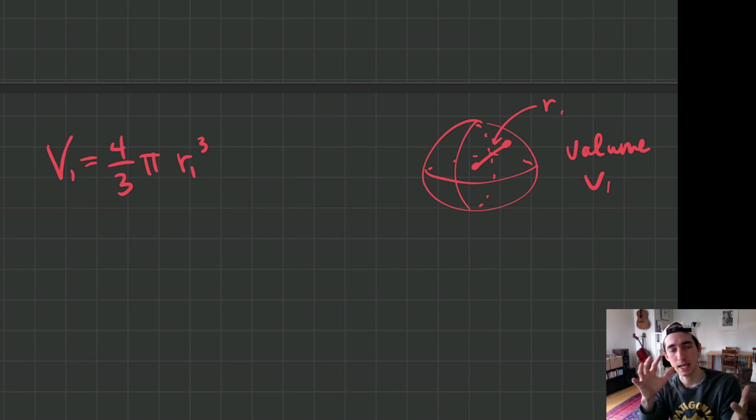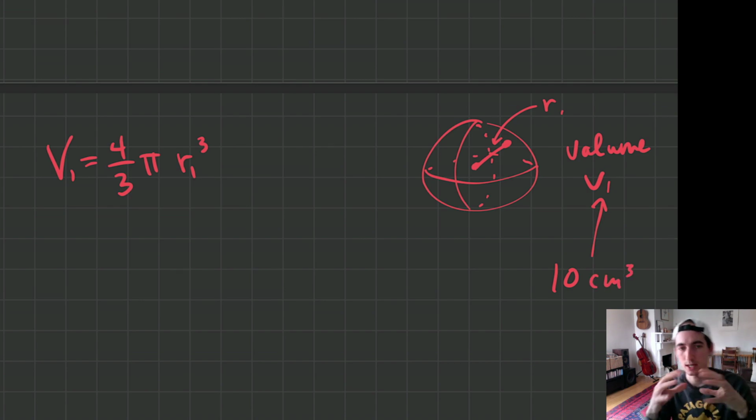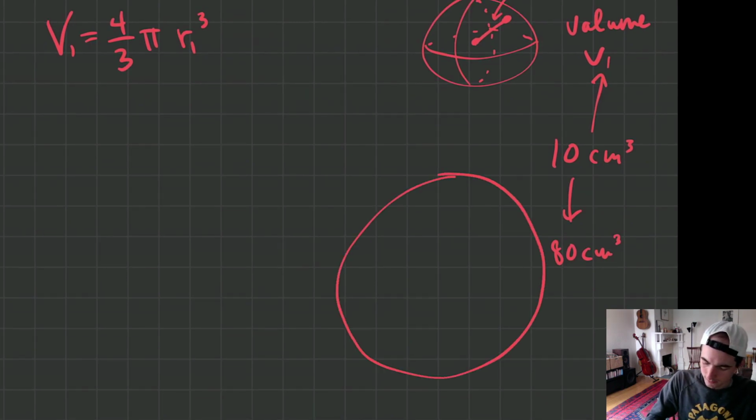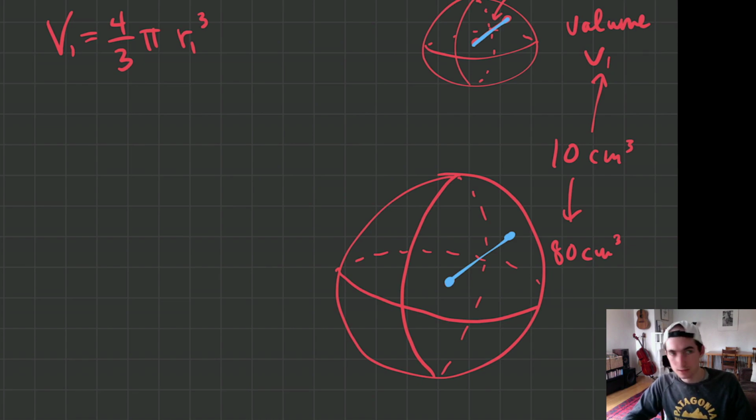Let's say you put 10 cubic centimeters into it, and that's this one over here. Then you keep blowing it up, and now you've got 80 cubic centimeters, a really, really big one. Is the radius just 8 times the size of the original one, or is it some other factor?